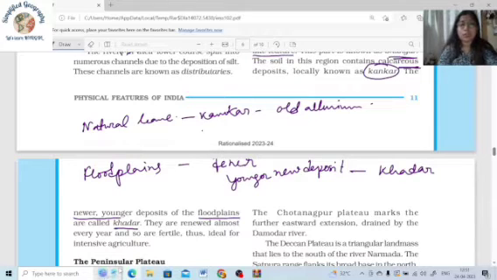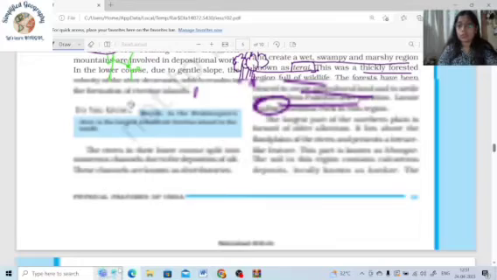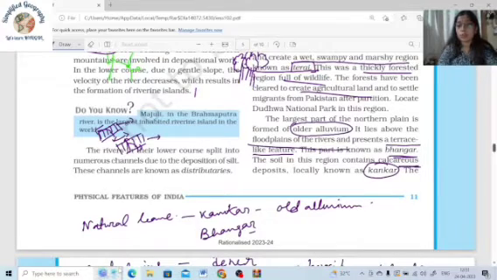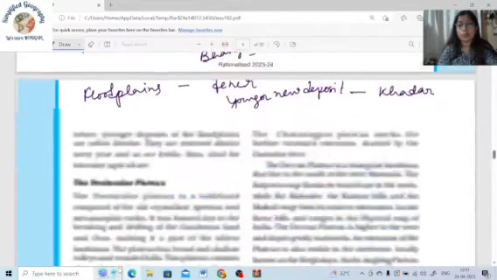So Kankar is part of Bhangar, and Khadar. So these are the 4 things we should learn about the northern plains.